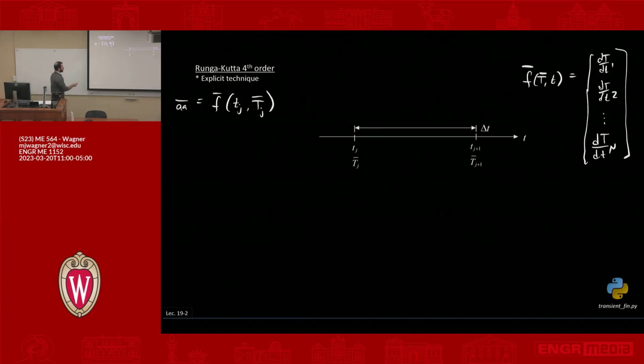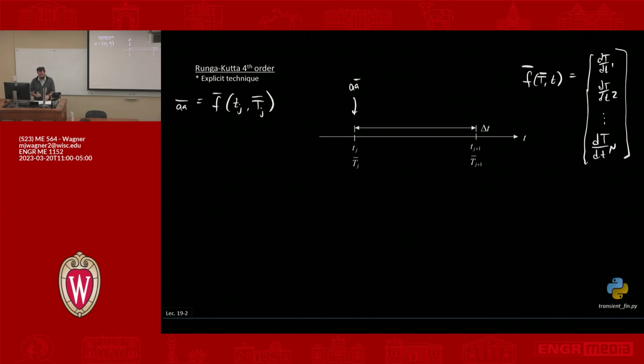Make sure you process the notation I'm using. I'm getting an estimate of the dT/dt's. Here, I'm calling that AA. To do that, I'm taking my vector function, f bar, evaluating it at my current time, tj, and my current temperature, T bar j. So this is information I'm coming into this time step knowing. So that's my first estimate, right here, AA bar.